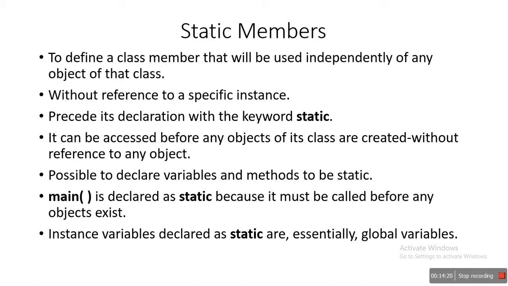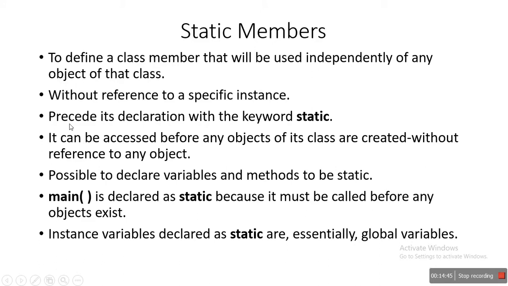When you want to access the normal data members of a class, you can do so only by creating a reference variable, that is, by creating an object. But in the case of static, that is not necessary. You can access those data members by using your class name.